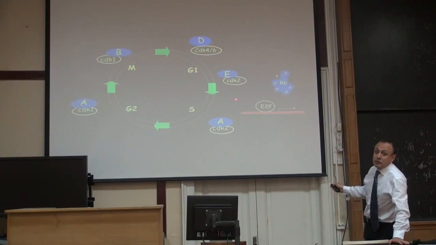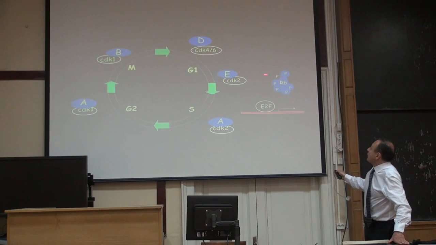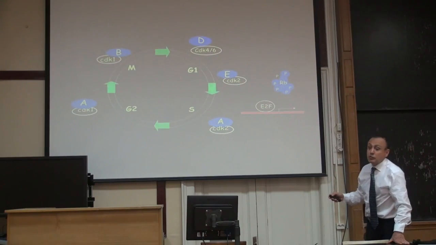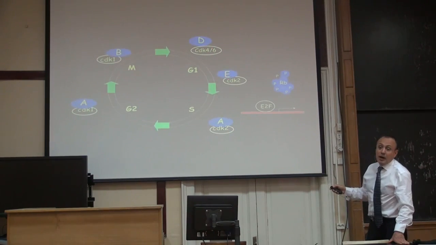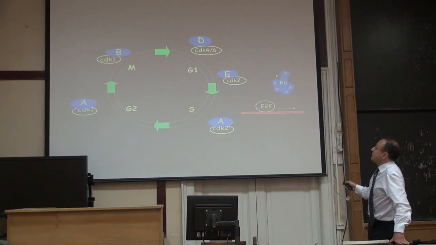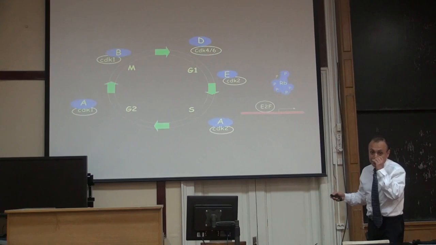The E2F transcription factors induce several genes required for S-phase entry and progression, and one of them is cyclin E. Cyclin E further phosphorylates the retinoblastoma protein, leading to more release of E2F transcription factors and more induction of cyclin E. We also talked about how the D-type cyclins activate the cyclin E complex through a kinase-independent mechanism, by stealing from it a cyclin E inhibitor, which in non-proliferating cells inhibits cyclin E CDK2 kinase activity. Now this inhibitor is redistributed to cyclin D CDK4, and this activates cyclin E kinase activity.